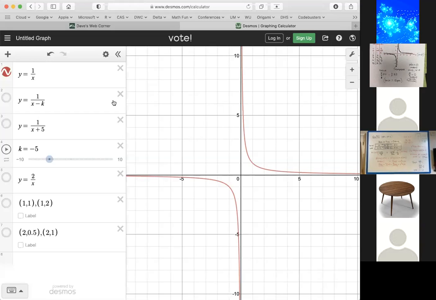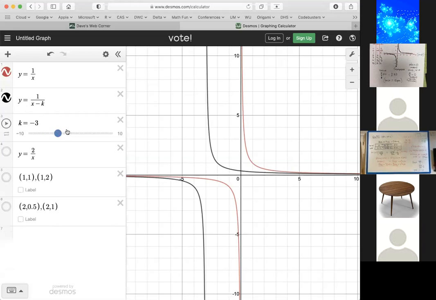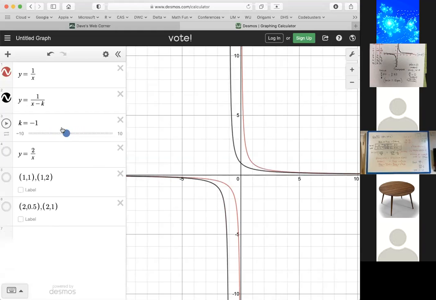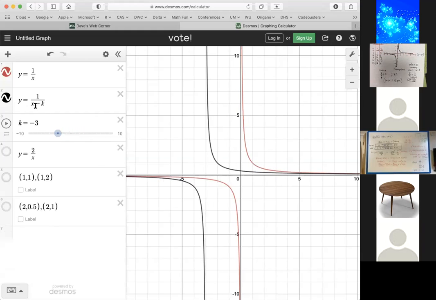So I moved the graph left and right by subtracting a number from the x. Could I move the graph up and down? That's actually a little bit easier.